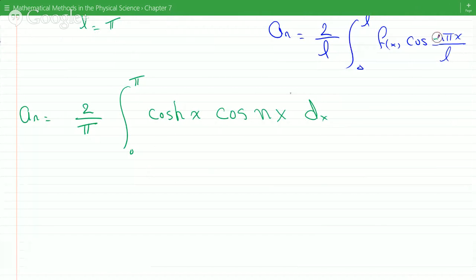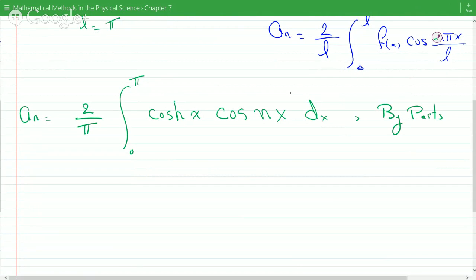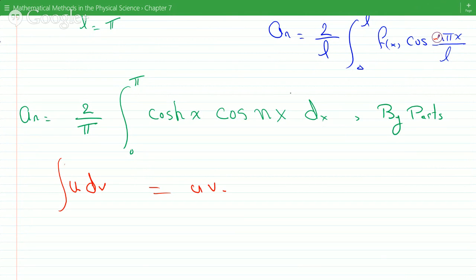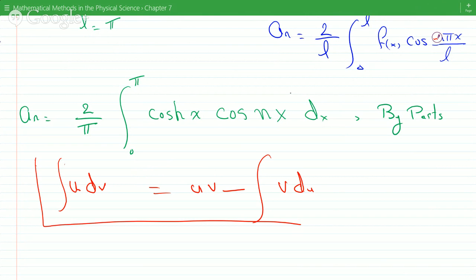So this needs by parts. So you know how to do by parts? Yeah, I'm not sure how I would do it. So by parts means the integral of u dv equals uv minus the integral of v du. That's the by parts.